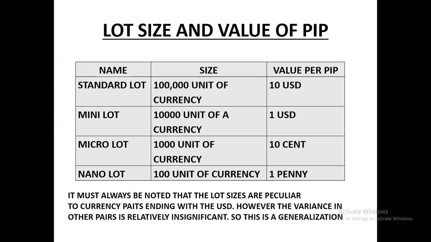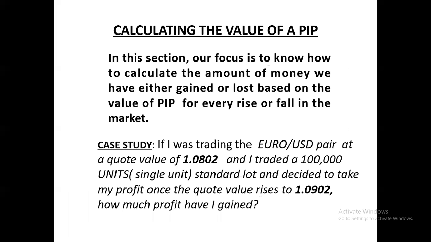But this is basically what we have for any pair that has the US dollar, either as a base or as a quote currency. As long as it has the US dollar as one of the pairs, these lot sizes become applicable. I'm using this for my explanation because the US dollar is the most traded currency in the Forex market. So let's proceed.